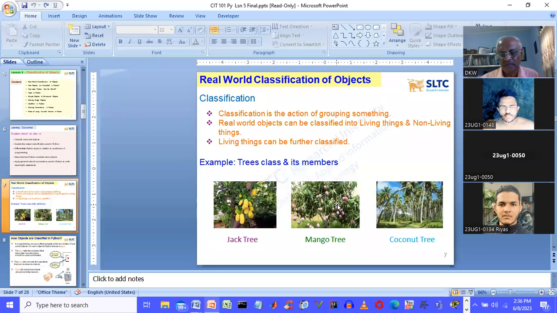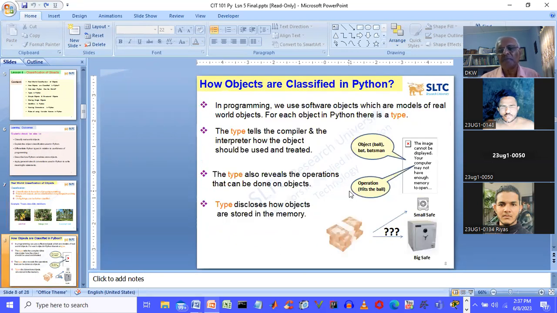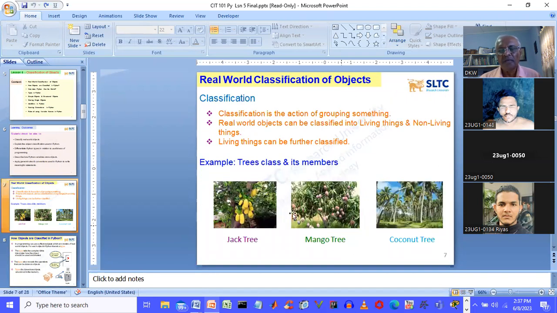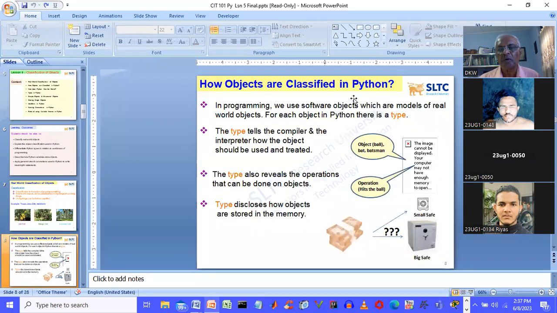Because you can't take these real world objects into the computer, we make a software model, and then we take that model into the computer's memory. That is the way we use the computer. Now the whole behaviors and properties, or the data regarding the mango tree, is available as a software model in my computer. Now I can start doing various interactions with this model.